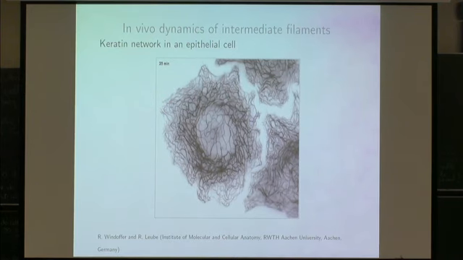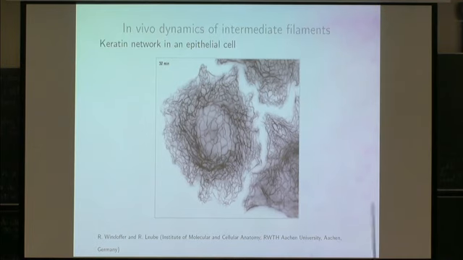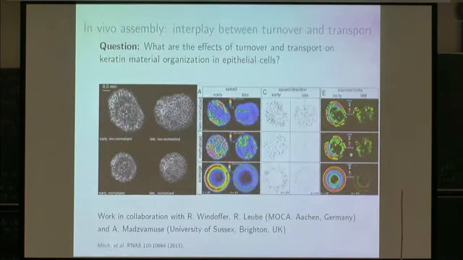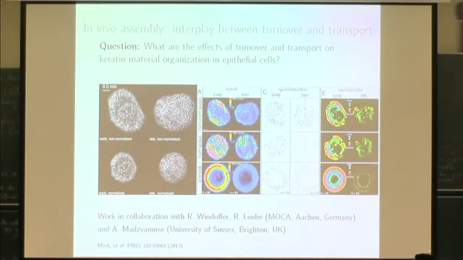And now we are playing with keratin in epithelial cells. So in the next work we are going to use the data explained yesterday and published in PNAS 2 years ago by Rudolf and his group. So we have the spatial repartition of the keratin.